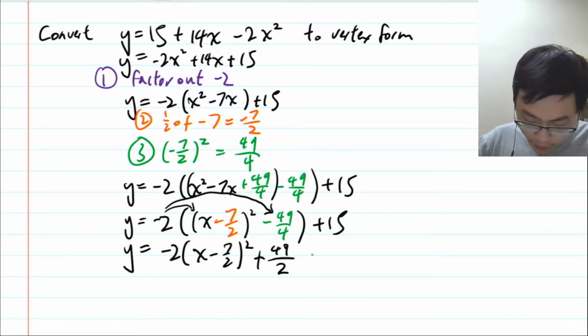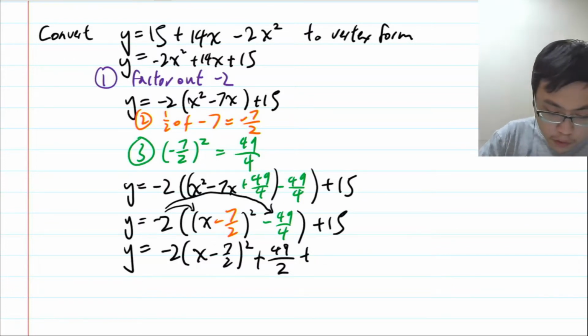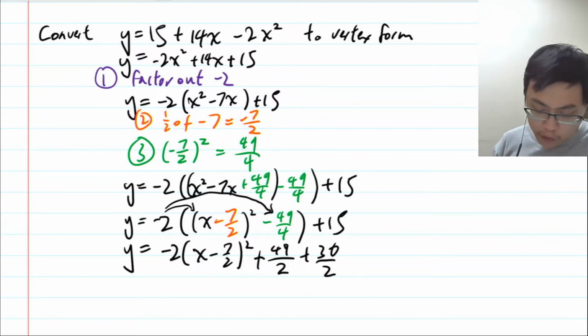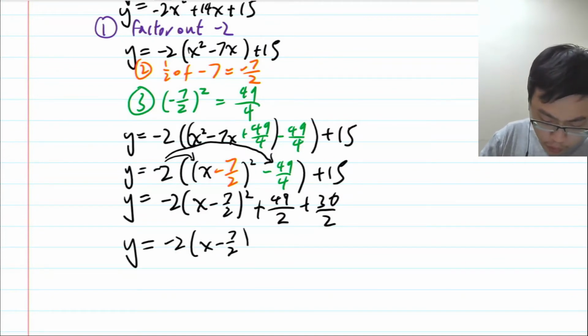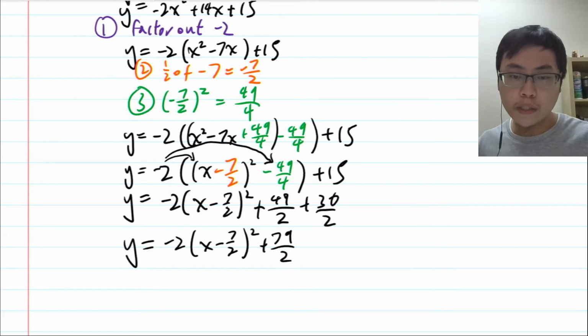And then we have plus 15, but we want to convert it into the same denominator. So this becomes 30 over 2. Now we can add them together. 49 plus 30 becomes 79. So the whole thing becomes y equals negative 2 bracket of x minus 7 over 2 whole squared, and this will be plus 79 over 2, and that is the completed square form.